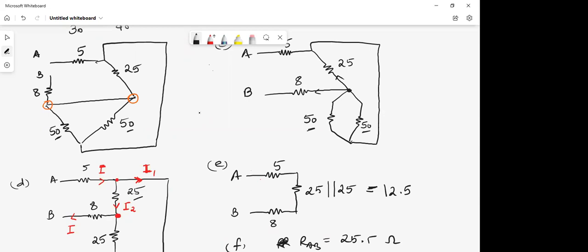So yes, they are in parallel. Okay, 50 and 50 are in parallel. But what did I say for a resistor to be in parallel? Ask the question again. Why is 25 not parallel with 50 and 50? It is in parallel. I took it here.